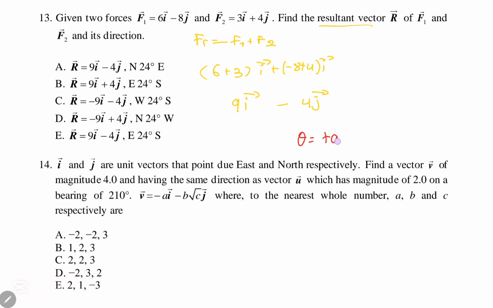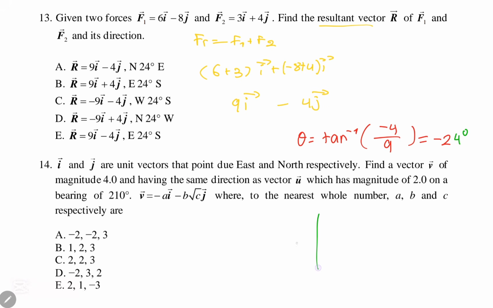Theta is equal to tangent inverse of y over x, so minus 4 over 9. There's no need to add 180 because our x is positive. So I got an angle of minus 23.96 degrees, so basically minus 24 degrees, okay?